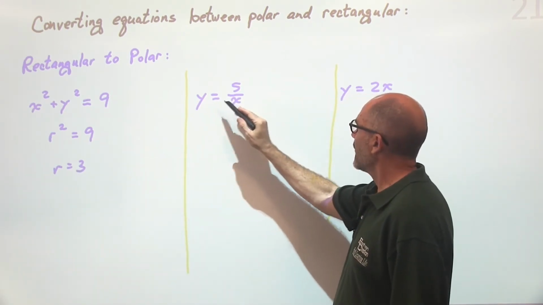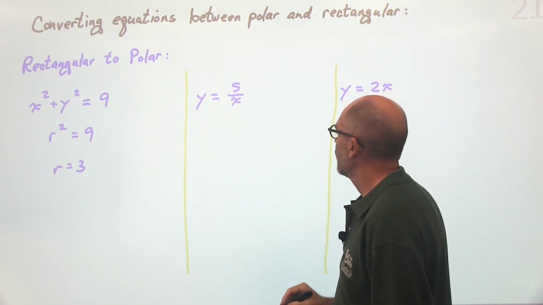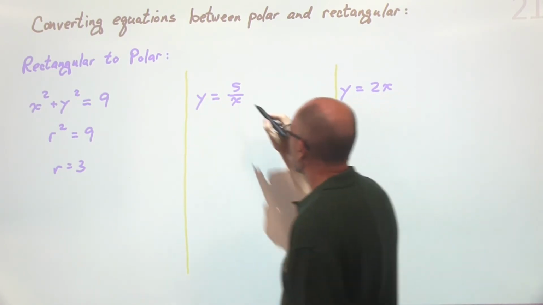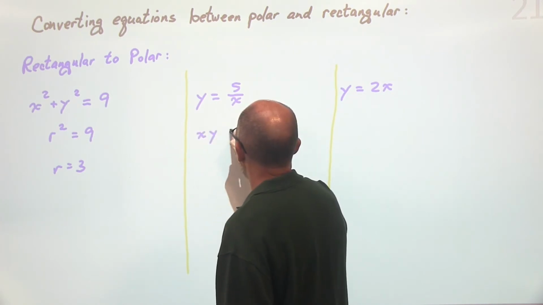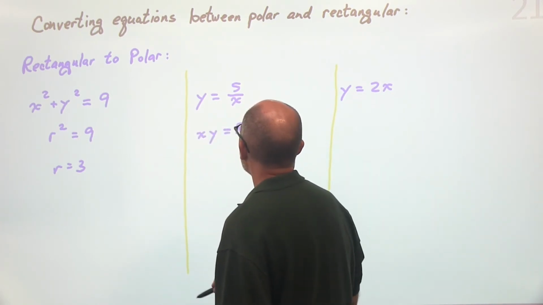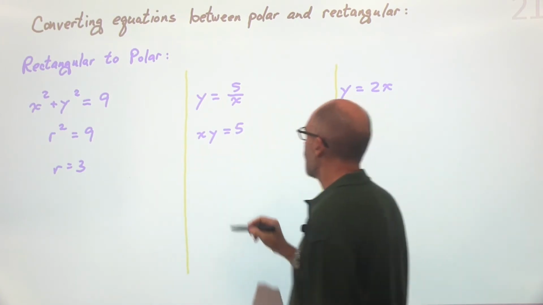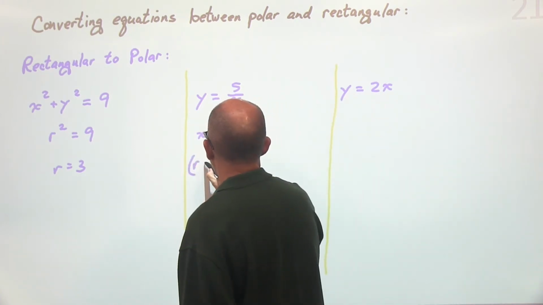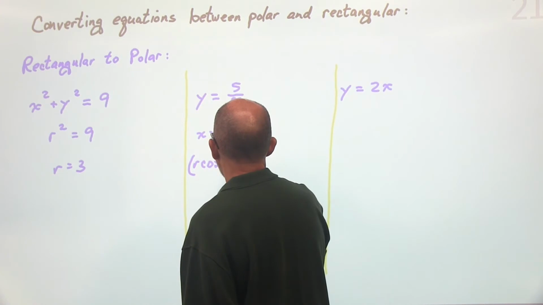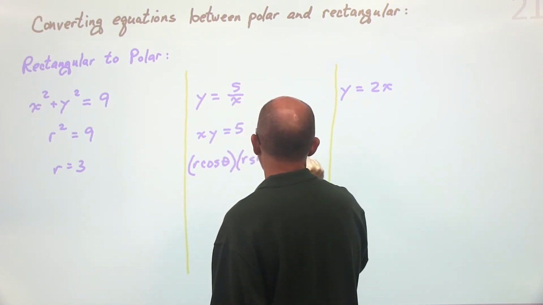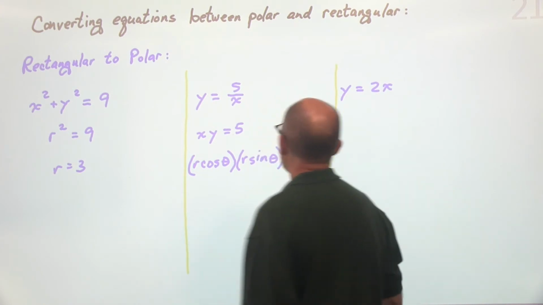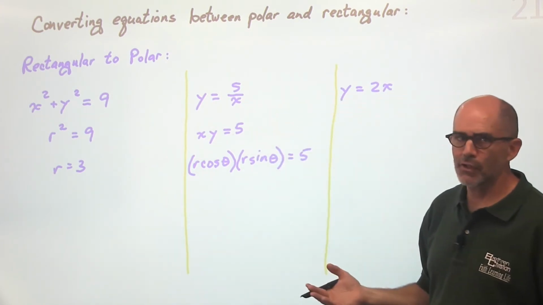Okay, what about y equals 5 over x? Well, to make it a little simpler, what I'm going to do is multiply x on both sides. So xy equals 5. Now, x is r cosine theta, and y is r sine theta. So technically, we're finished right there.